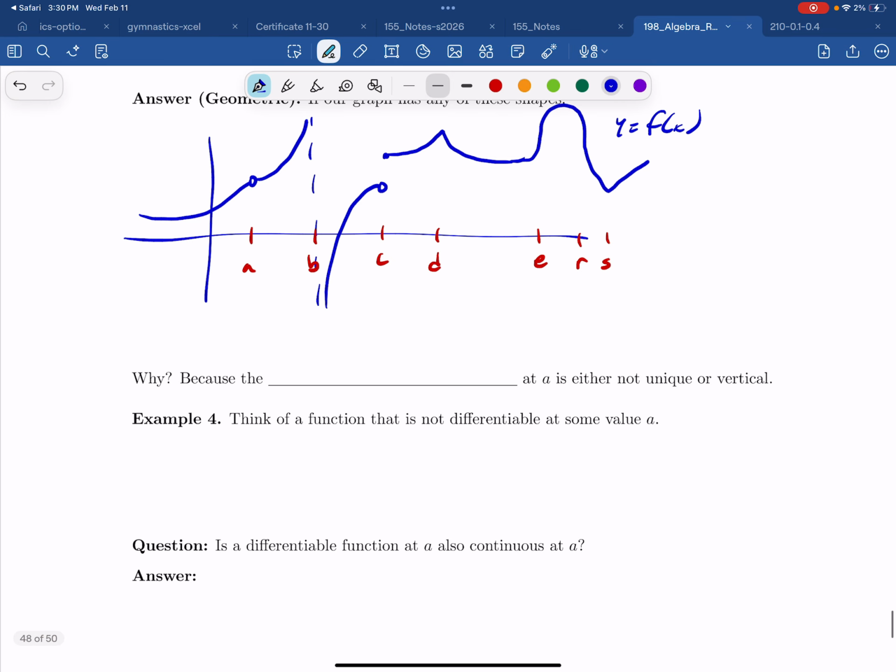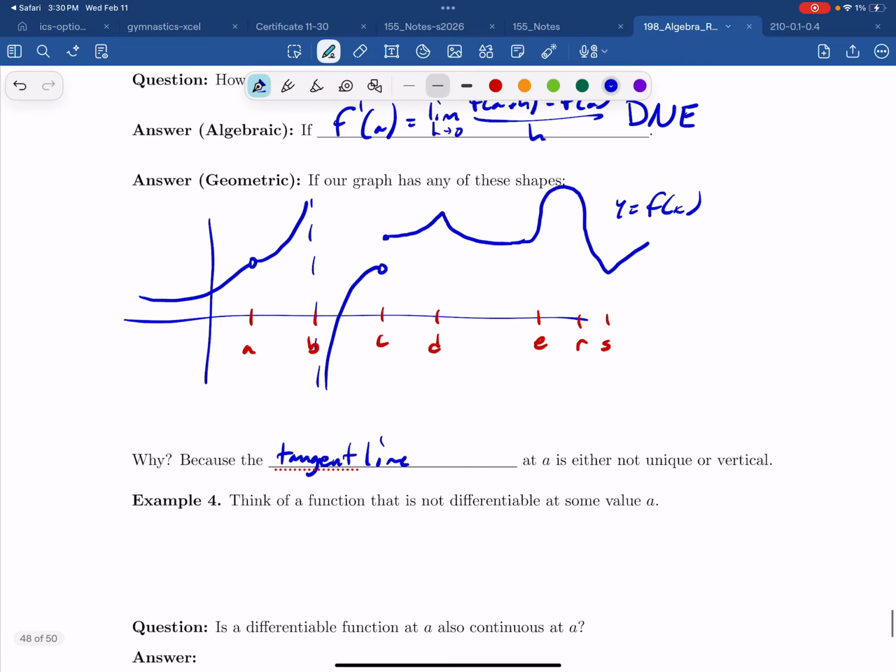And the reason is because the tangent line is either not unique or vertical, right? For example, there is no tangent line to a point if the point doesn't exist, right? So, like, these guys don't even have tangent lines, right? So forget about those. But something like here, this tangent line is going this way, like from the left, but the tangent line from the right is going that way, so it's not a unique tangent line at that point.